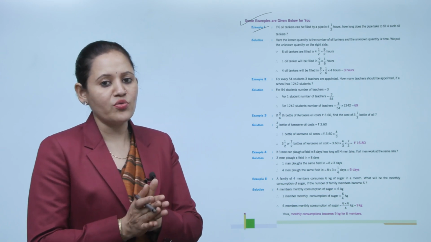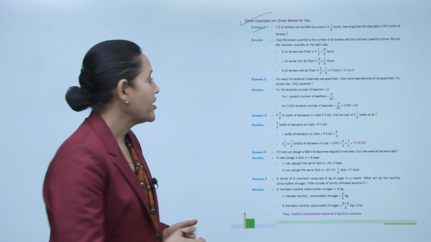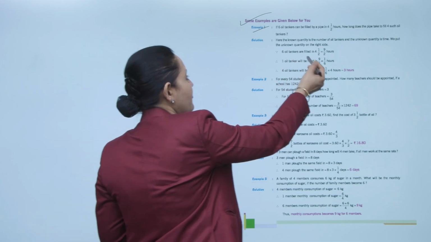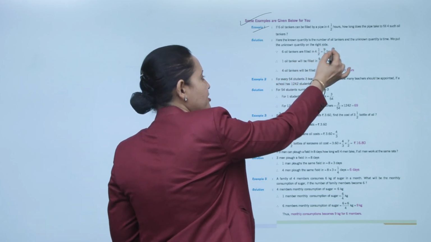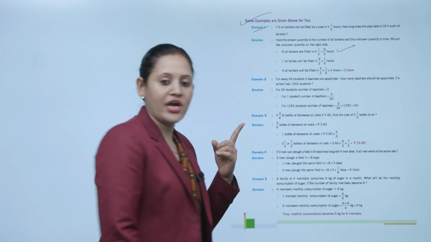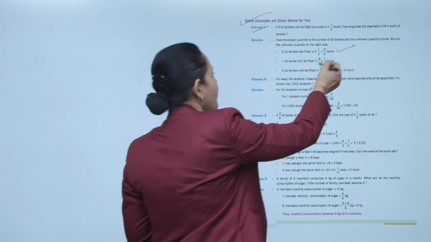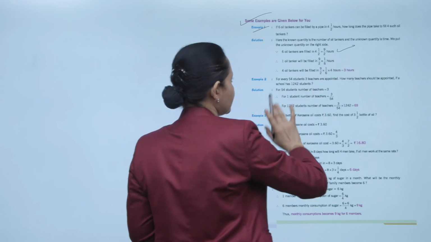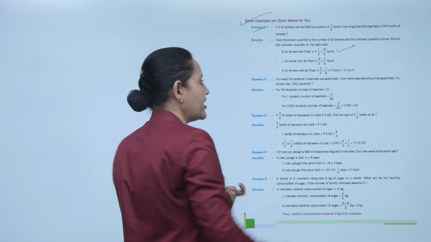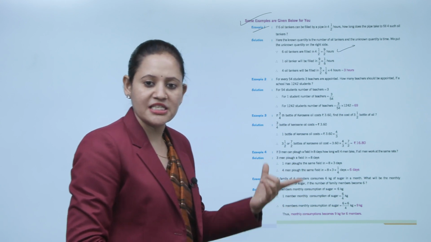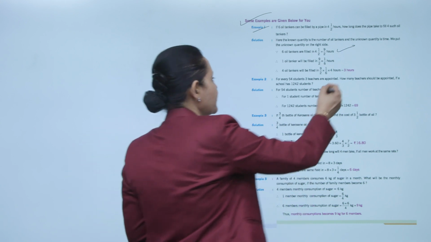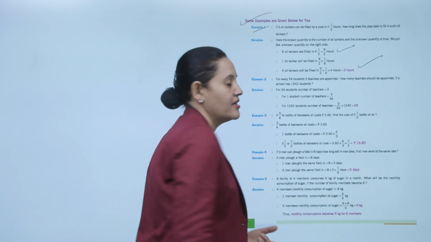So, we will put the unknown quantity on the right hand side. So, 6 oil tankers are filled in 4 1/2, that means 9/2 hours. So, how much time does 1 oil tanker take to fill? 9/2 into 1/6 hours. Clear? So, 4 oil tankers, 9/2 into 1/6 into 4, that is equal to 3 hours. Clear?